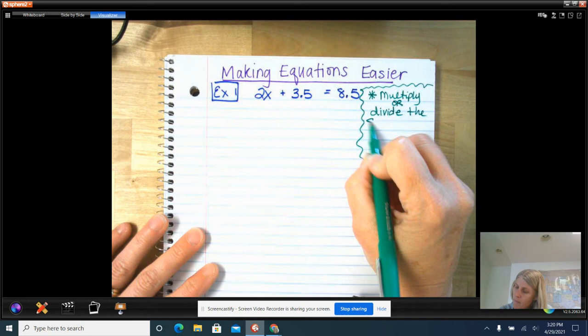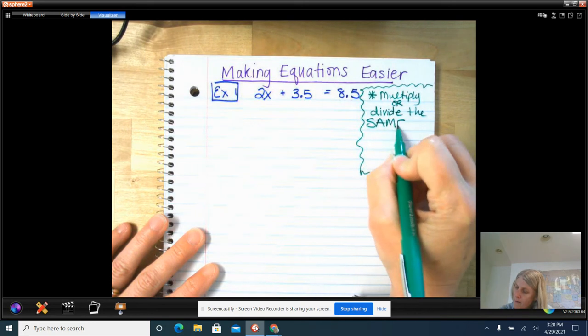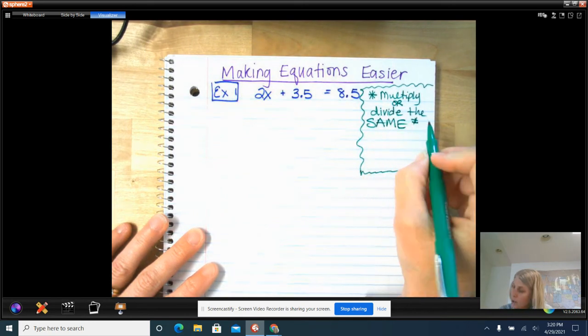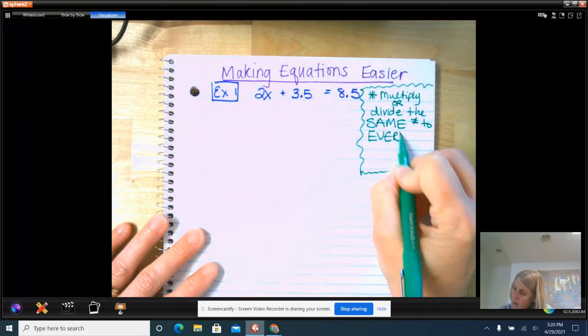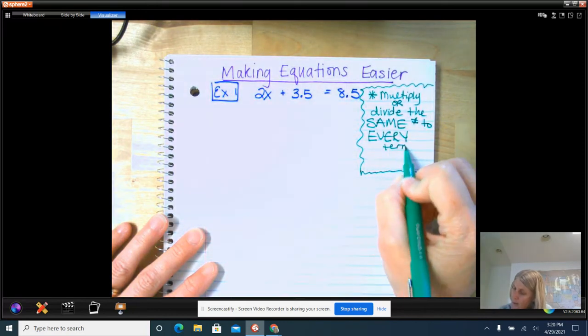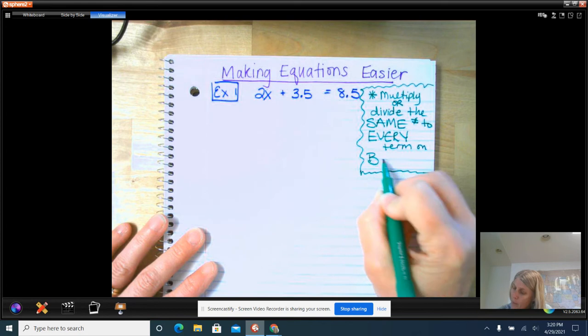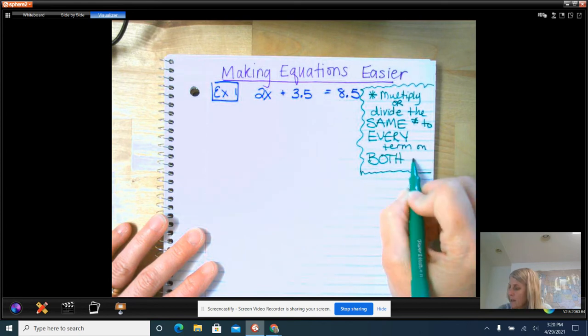the same number to every term on both sides.